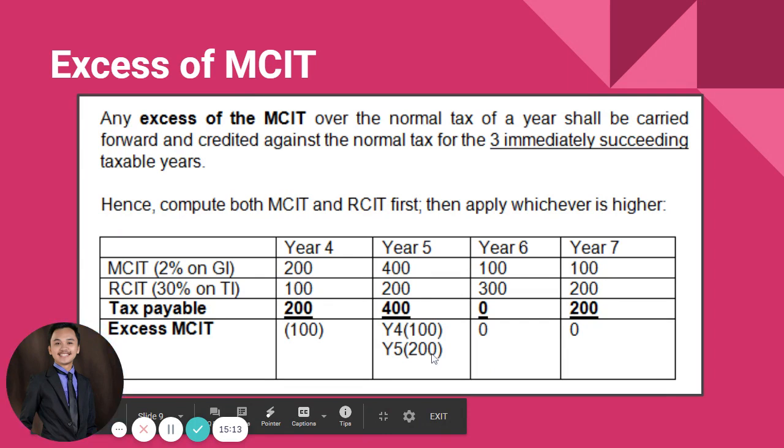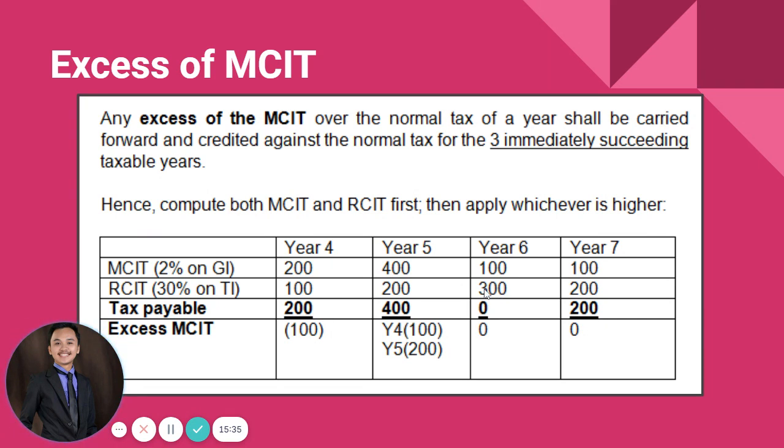Okay? Now, let's continue our illustration on year 6. On year 6, we have an MCIT of 100,000. We also have the value of our regular corporate income tax of 300,000. So that means your tax due, guys, is how much? Your tax due is 300,000, and that 300,000 is coming from RCIT.